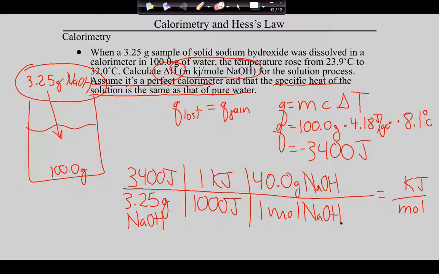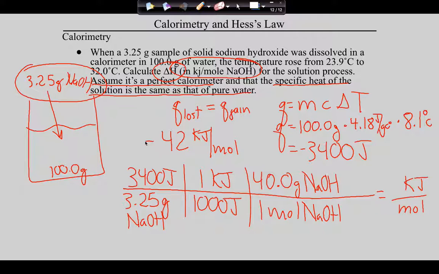Now we're closing in on the answer. So 3,400 divided by 3.25 times 40 divided by 1,000, and I get 42 kilojoules per mole. And that is the heat of solution for sodium hydroxide that we could look up in a book, that we could find on Wikipedia. This is the number.